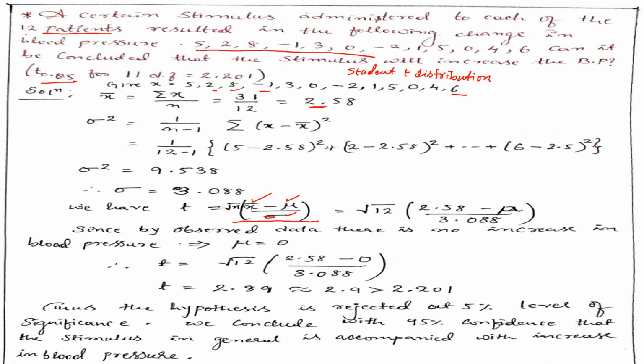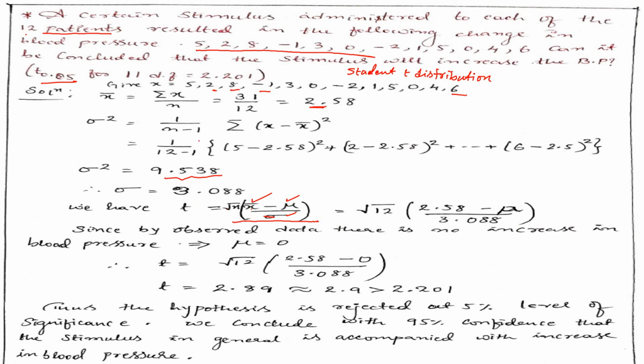So solving this, we are going to get 9.538. That is sigma square. Taking square root on both sides, we will get sigma equal to 3.088. So this is the value of sigma.